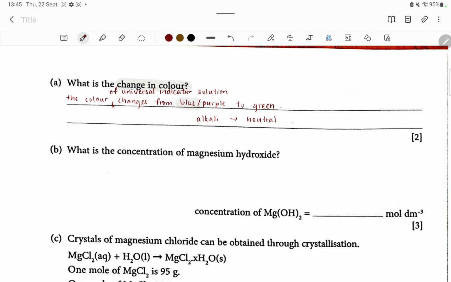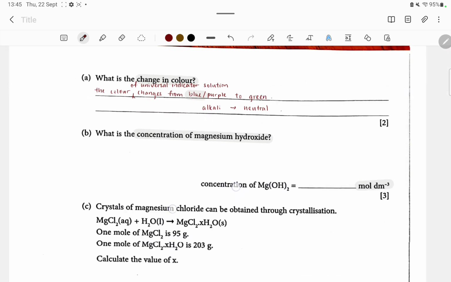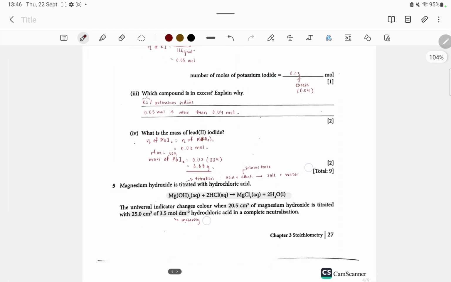Okay. B. What is the concentration of magnesium hydroxide? Concentration, they give you mole per dm³ as the unit. So this one you cannot straight away count, you have to count from whatever you have first.